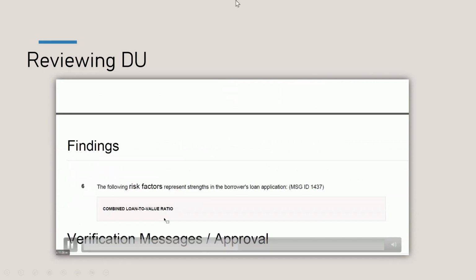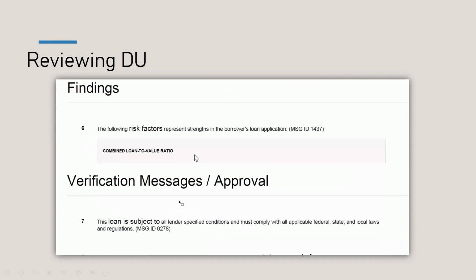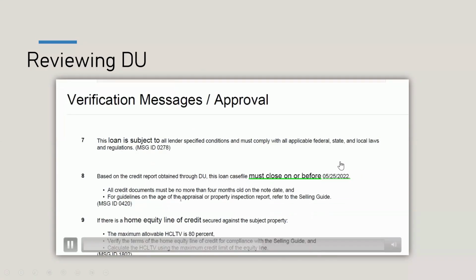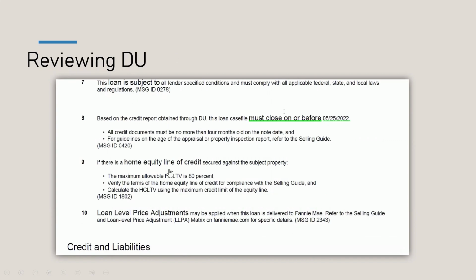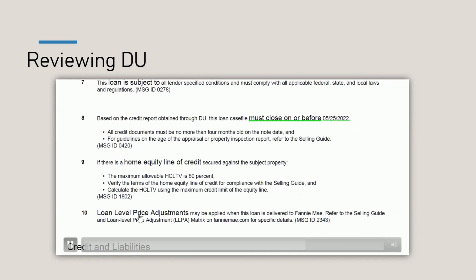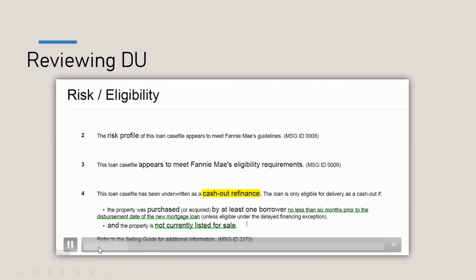Your findings, you want to make sure that your findings are correct. It's going to let you know when it must close on or before, so it's going to give you an expiration date. You want to take a look at that especially, when it must close by, and what type of findings you're seeing here.